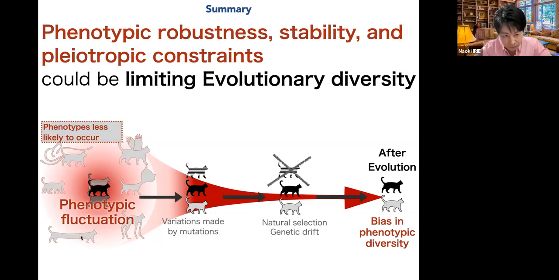So developmental bias is one of the strongest biases toward evolutionary outcome. And that bias emerges from stability or robustness of the system.